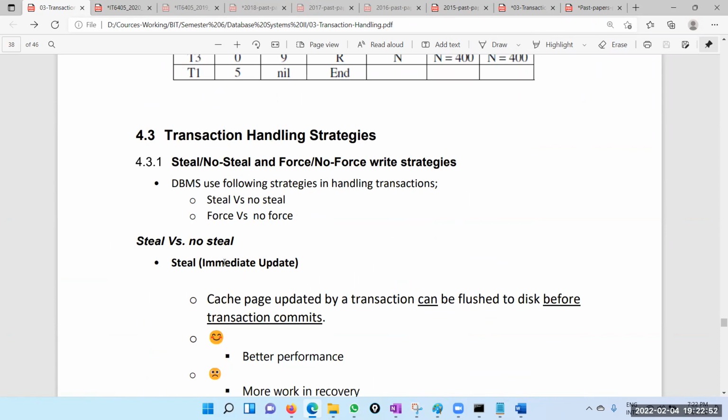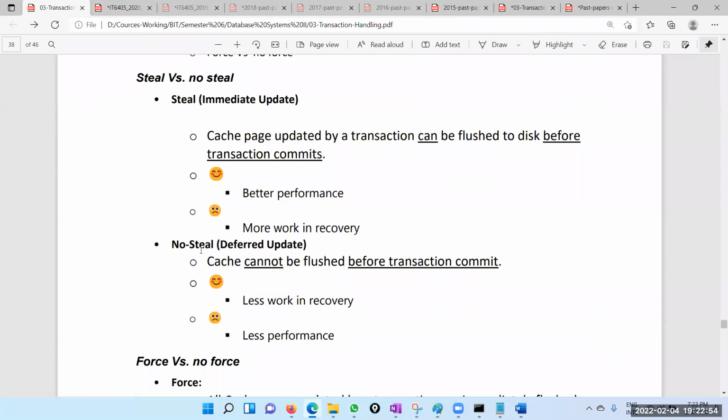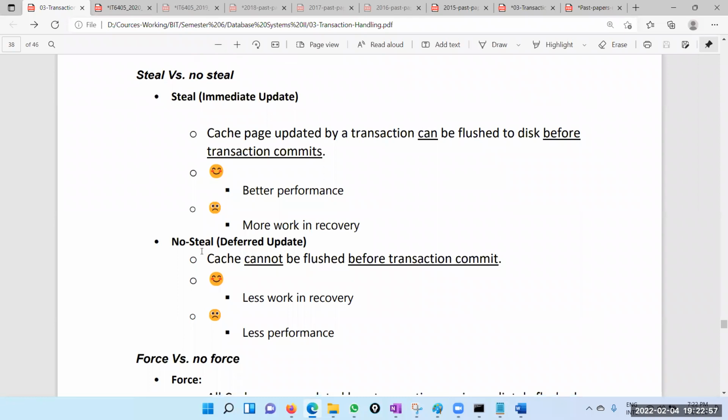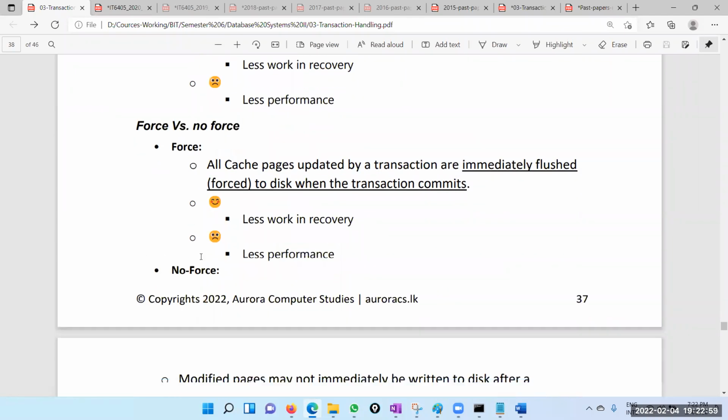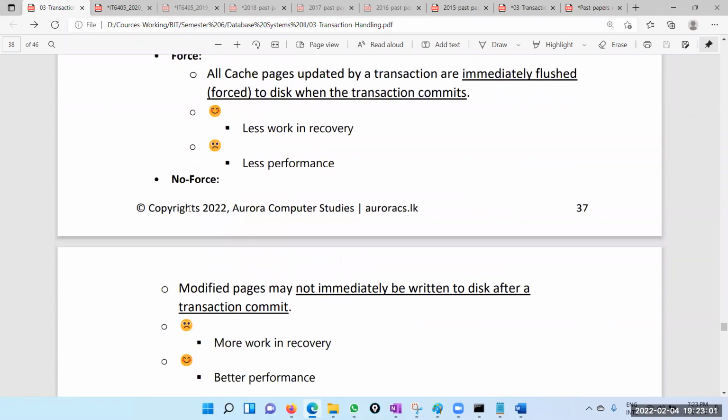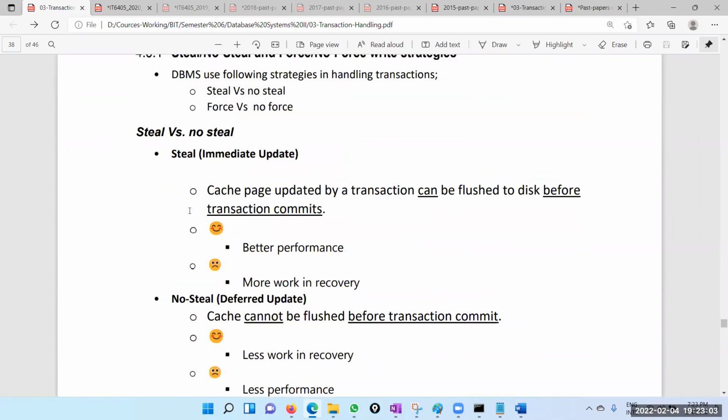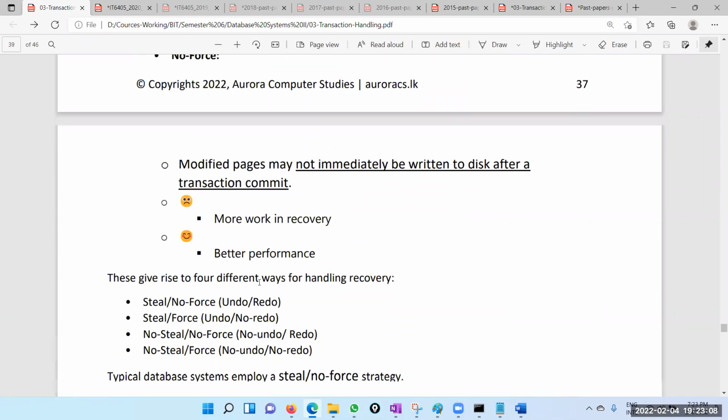Right. So those are the four possibilities. Steal, no steal, okay, force, no force. Sorry, I think I used the wrong wording. So deferred update means, so here you have to look at it.